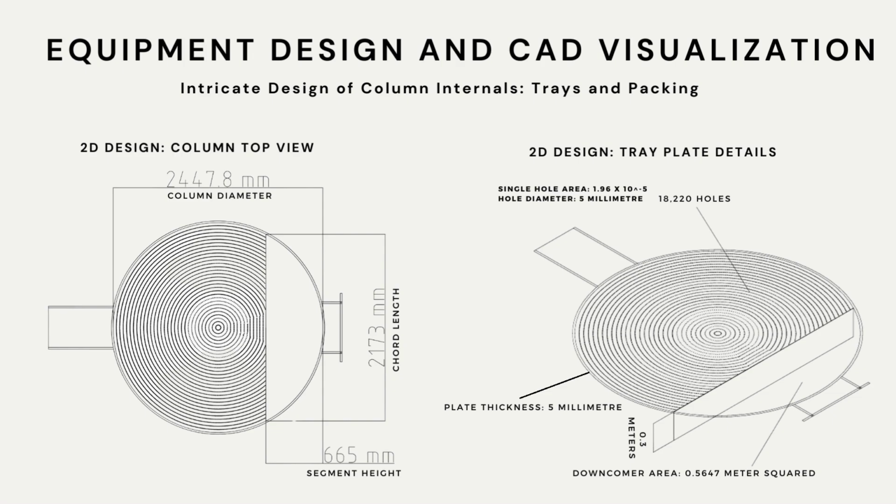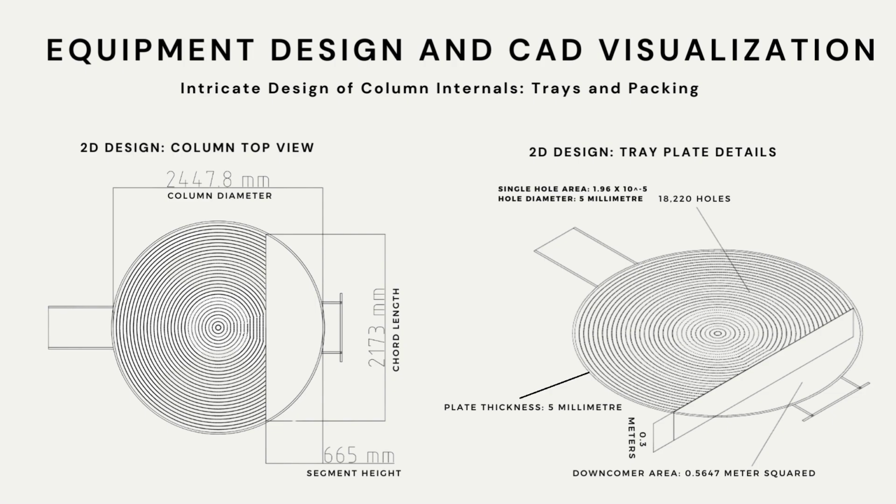In the realm of equipment design and CAD visualization, creating intricate designs of column internals such as trays and packing is essential for optimizing distillation efficiency. Utilizing advanced CAD tools, we generate precise 2D designs that provide a clear top view of the column, which has a diameter of 2,447.8 mm.